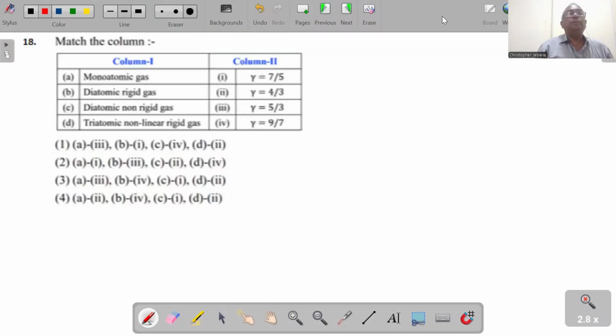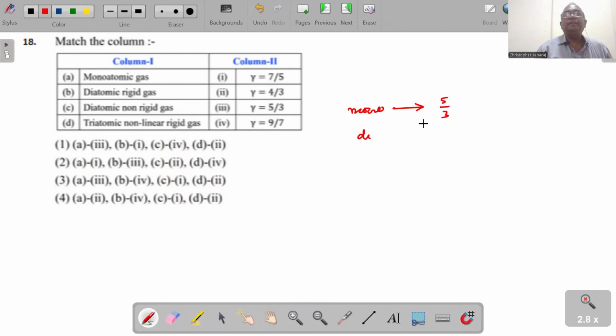Match column 1 and 2. Monatomic, diatomic, diatomic non-rigid, triatomic non-linear. Okay. அதோட ratio of specific heat capacities கொடுத்திருக்கு. You know, monatomic, its ratio of specific heats is 5 by 3.